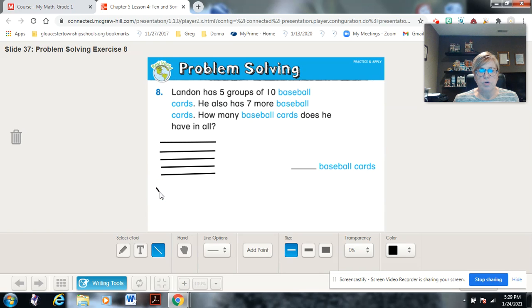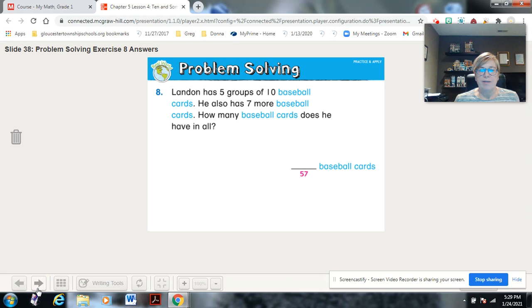So I'm just going to try to do little X's. 1, 2, 3, let me see, 4, 5, 6. Now I know 7. That's because these are scattered. So let's see. 10, 20, 30, 40, 50, 51, 52, 53, 54, 55, 56, 57. Let's see how we did, if that is correct.